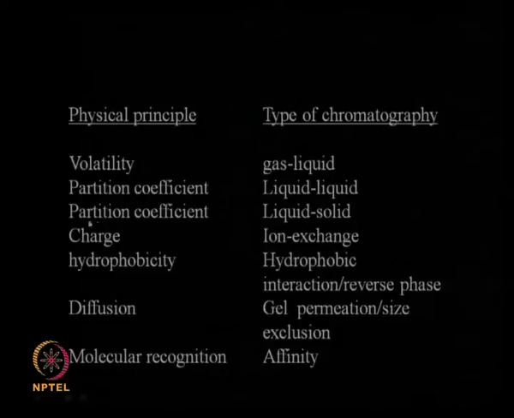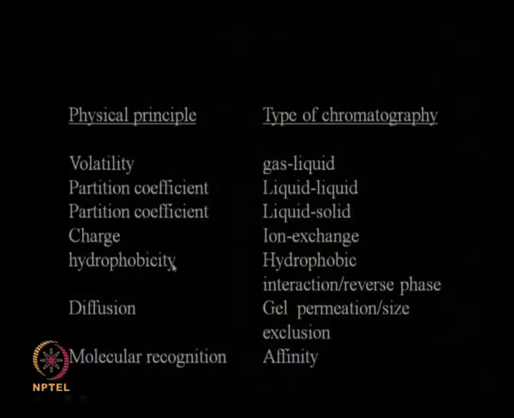Now if the physical principle is based on charge, then we call it ion exchange chromatography. For example, you want to remove salts from a protein mixture. I can have a cation or an anion or a combination of both cation anion chromatography, which will separate all the salts. So you will just have proteins.